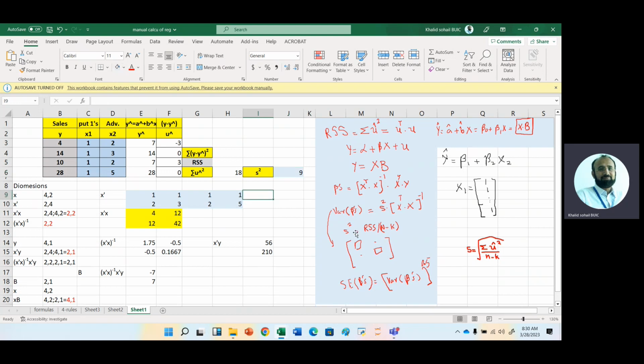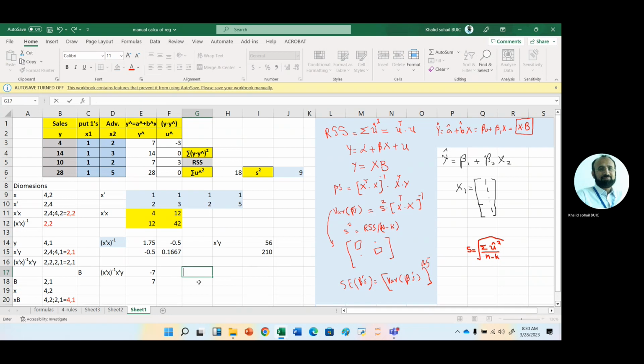And then look at the formula: S square is multiplied by the inverse of X transpose X. We have calculated this one, so when we multiply it with this matrix, we can get the variance matrix. And I'm writing here variances of betas.